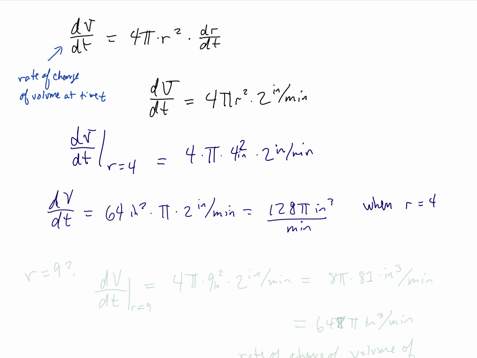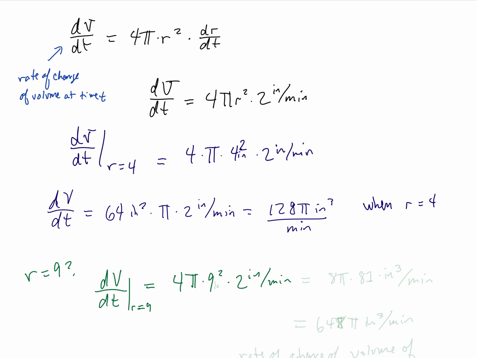And we were also asked when r equals 9. So when r is equal to 9, we're plugging into that same equation, dV/dt, the rate of change of the volume when r is equal to 9, is 4 times pi r squared. R is 9 squared times the rate of change of the radius, 2 inches per minute.